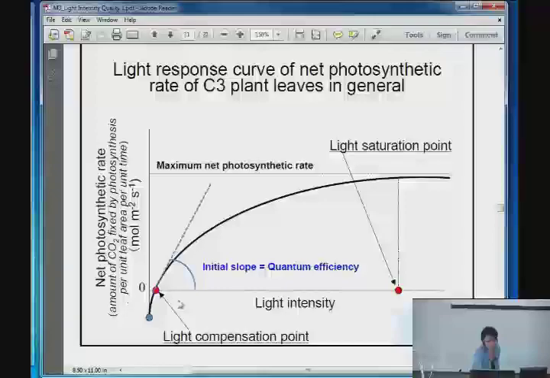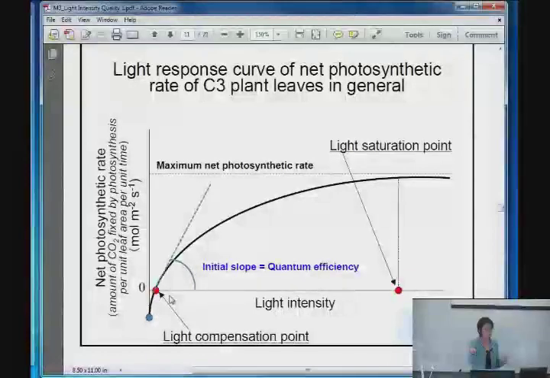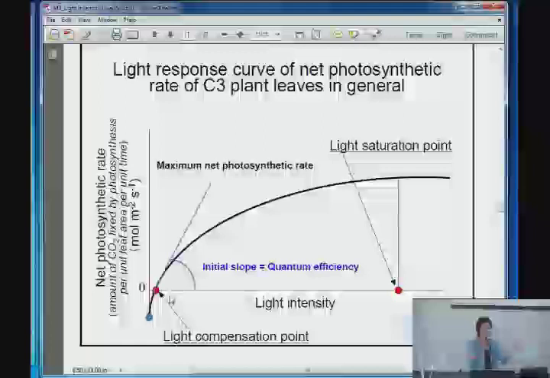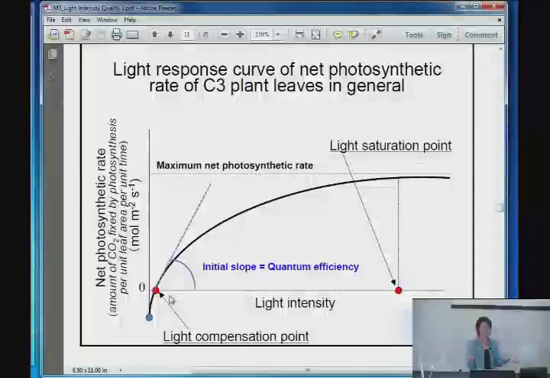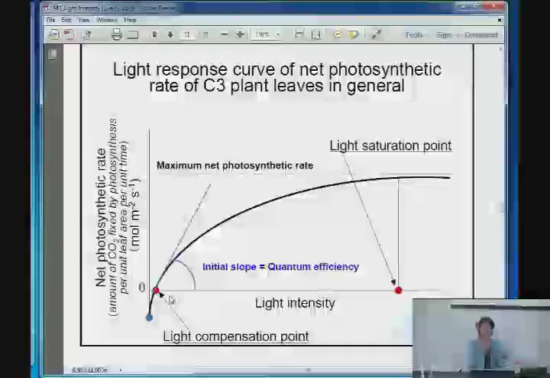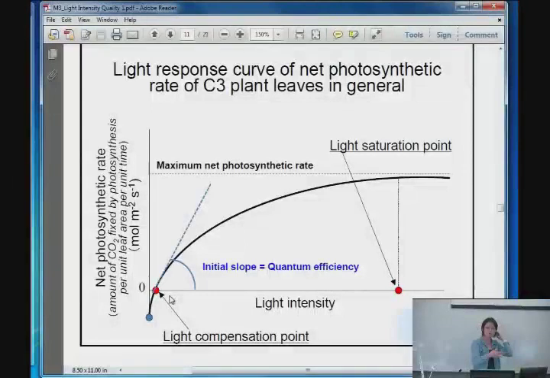And then the light compensation point is the intensity where the gross photosynthetic rate is balanced with respiration. There are two kinds of respiration if you know plant physiology, dark respiration and photorespiration, but generally it's respiration.